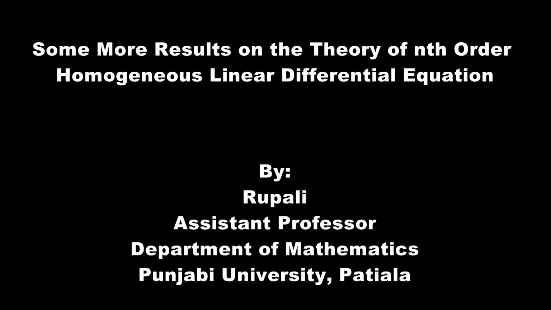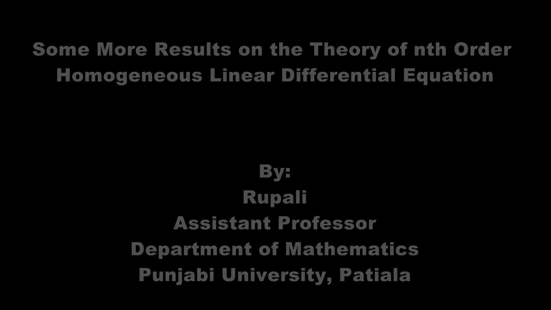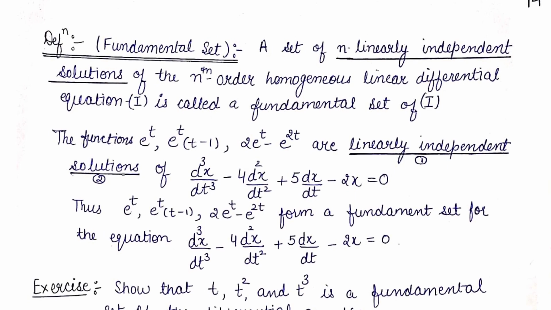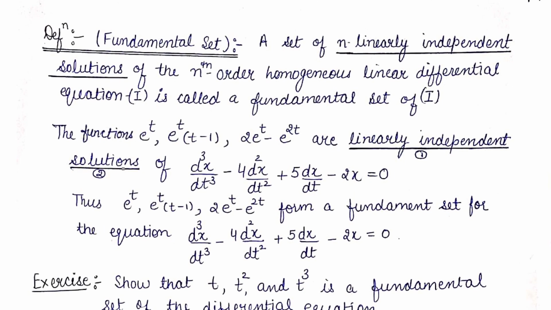And finally, we learn how to reduce the order of a given differential equation, and with the help of the solutions of the reduced equation, we will learn how to obtain the solution of the higher order equation. So let us start with the definition of fundamental set.